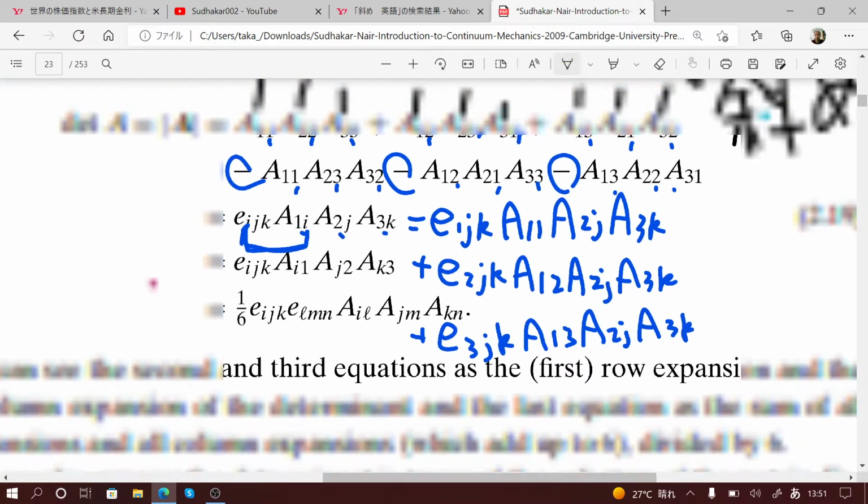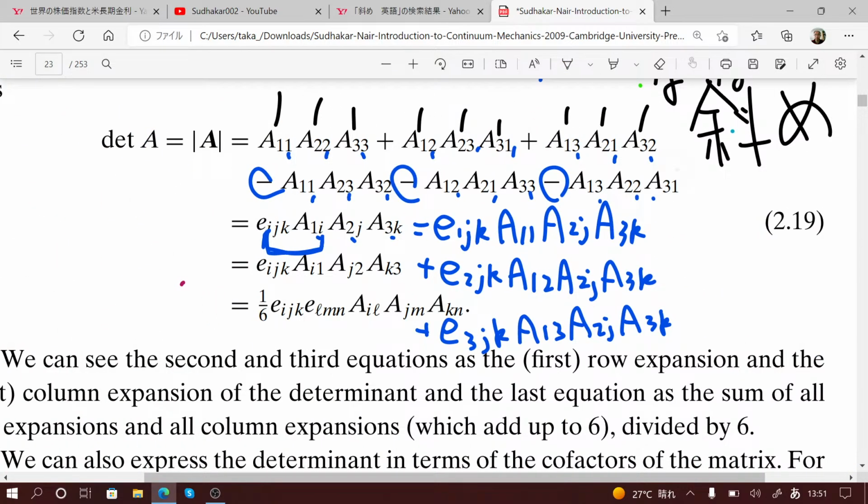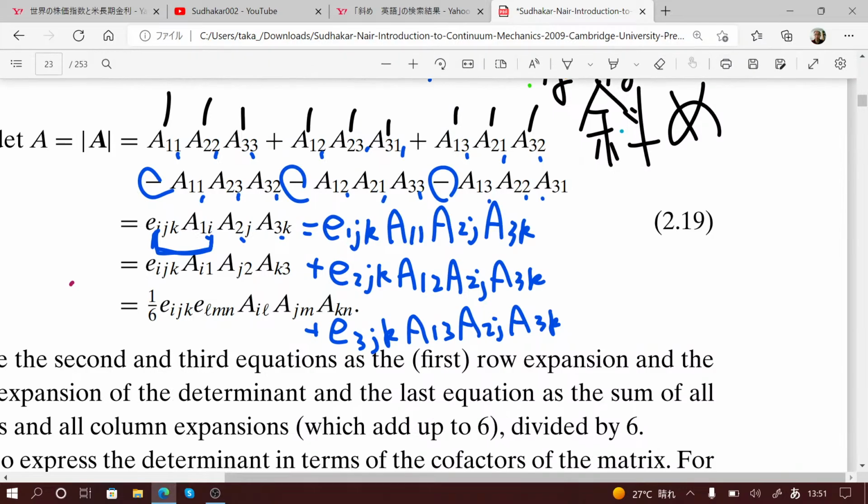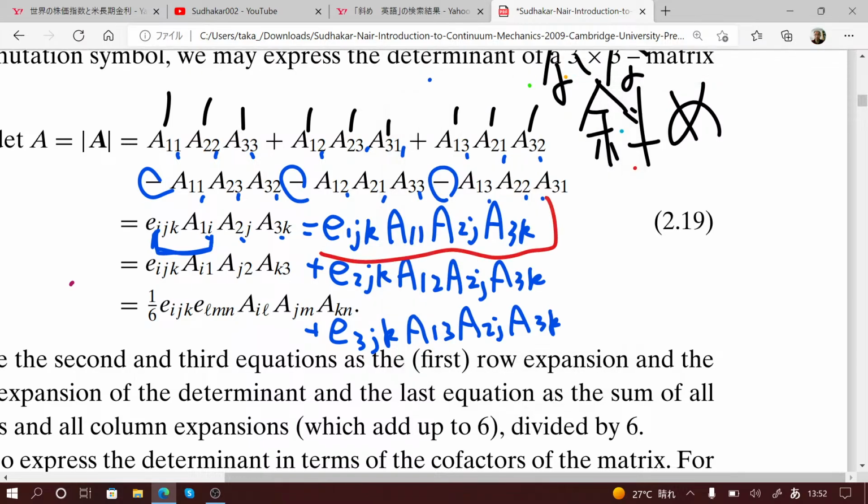So then we can also expand this first term.